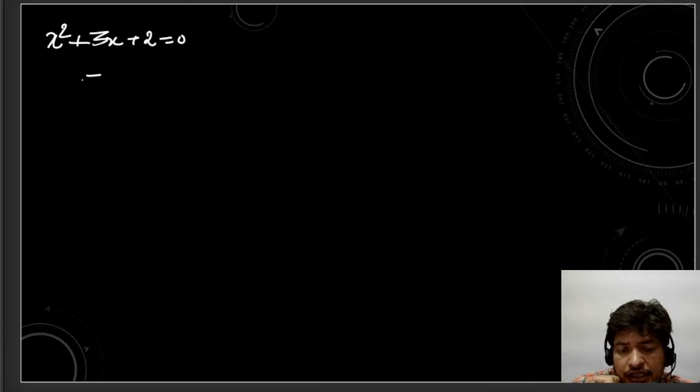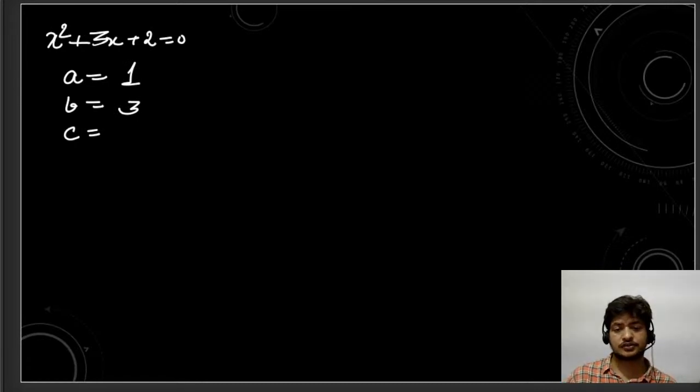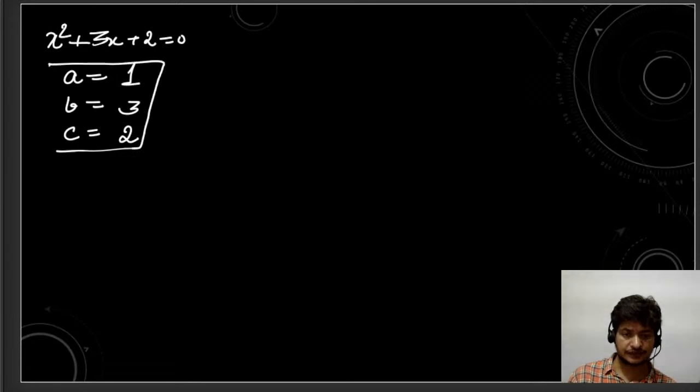I can say that is a. What is the coefficient of x? I can say this one is b. What is the constant term here? So the value of a is 1, the value of b we can write as 3, and the value of c we can write as 2. So these all are the values that we are having for the quadratic equation.